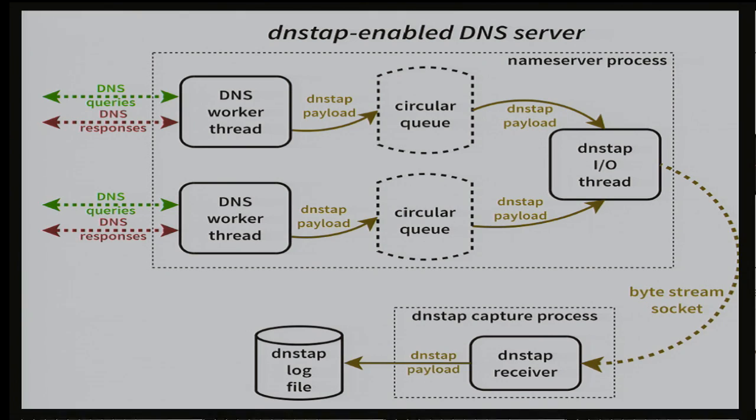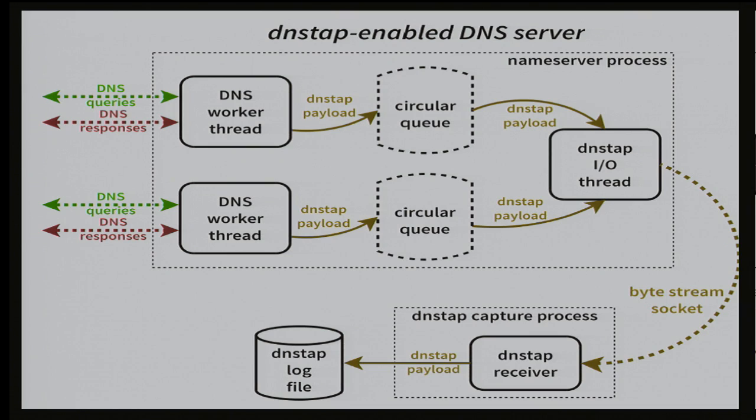But then we add dnstap support to this DNS server, and basically we have the brown arrow: the dnstap payload comes out of the worker thread and goes onto a circular queue.